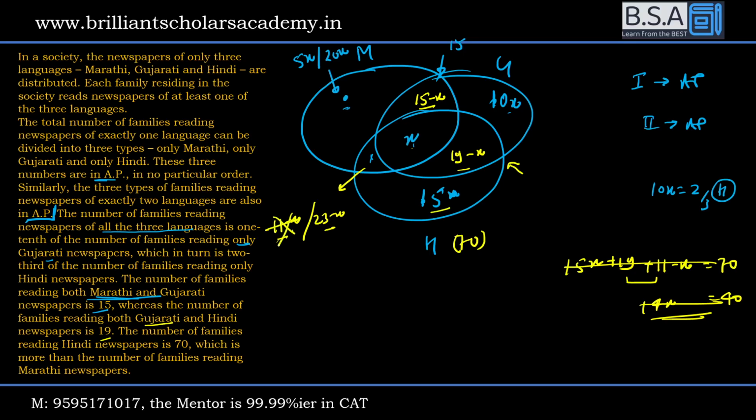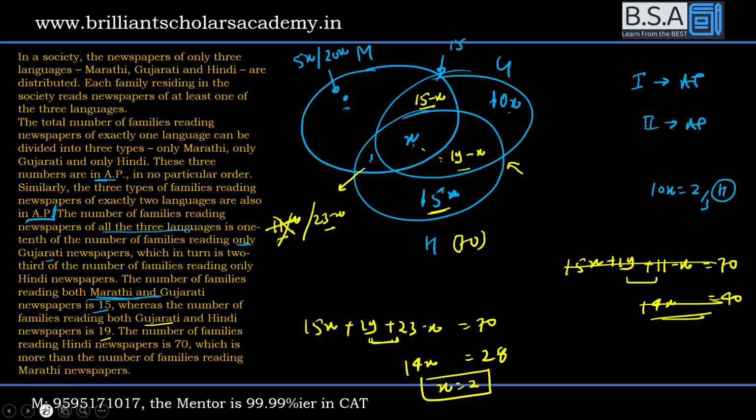This 15x, these cancel. This is 15x, these two together make 19, and this is 23 minus x. 15x plus 19 plus 23 minus x is equal to 70. So this comes to 42. When 42 is subtracted, this becomes 28. When I arrange this, it becomes 14x, x is equal to 2. Very beautifully I found x is equal to 2.